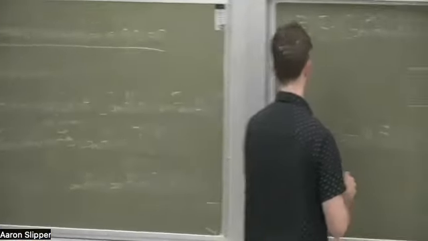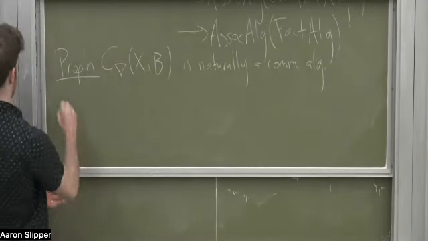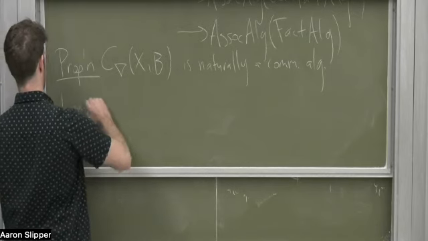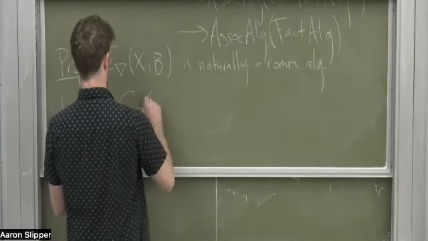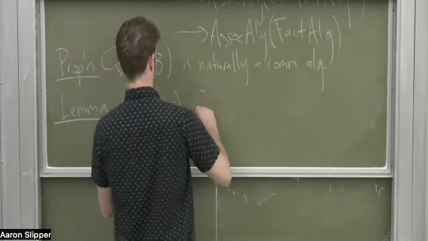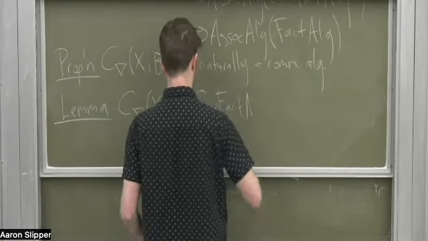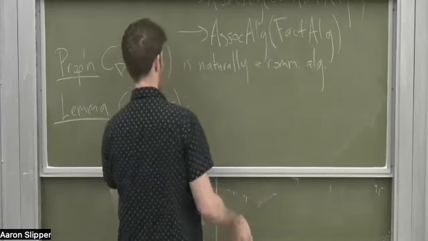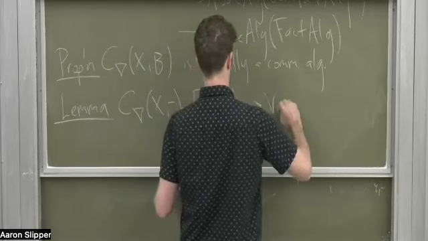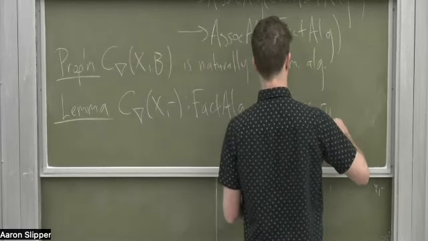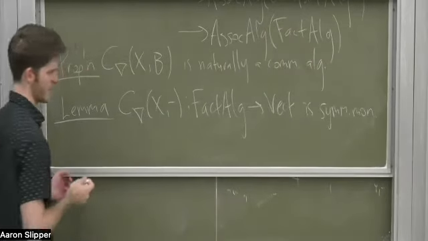So I don't have to use Lee's theorem. For the proof, let me deduce it from the following lemma: the chiral homology functor, just as a functor from factorization algebras to vector spaces, I claim is actually symmetric monoidal. This is not obvious.